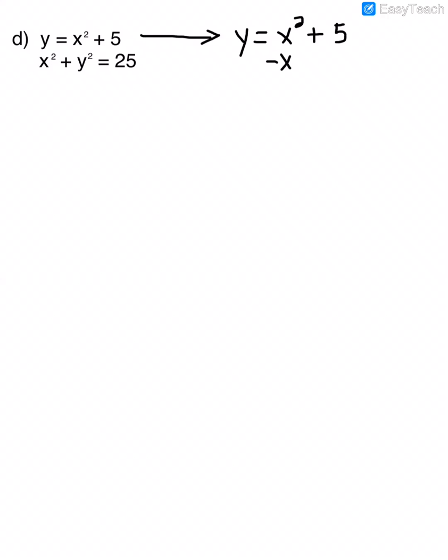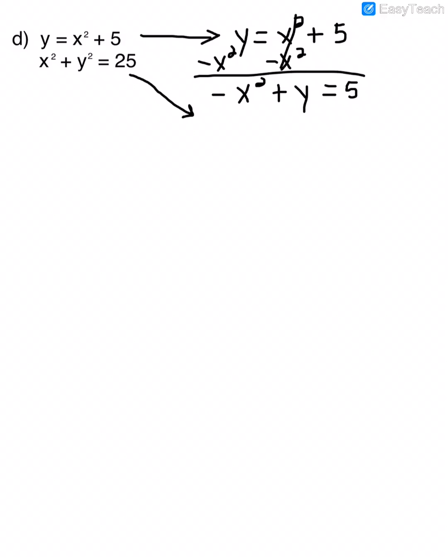So if I subtract x squared from both sides, that gives me negative x squared plus y equals 5.